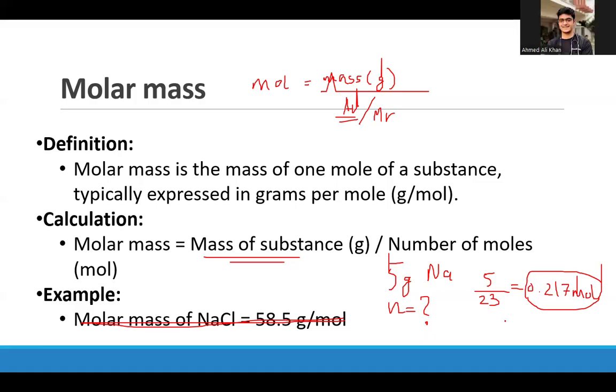That is how you get the moles, which we just calculated by dividing the mass by the mass number. But if I want to know the number of atoms in this 5 gram sample or in 0.217 moles of sodium, what will I do?